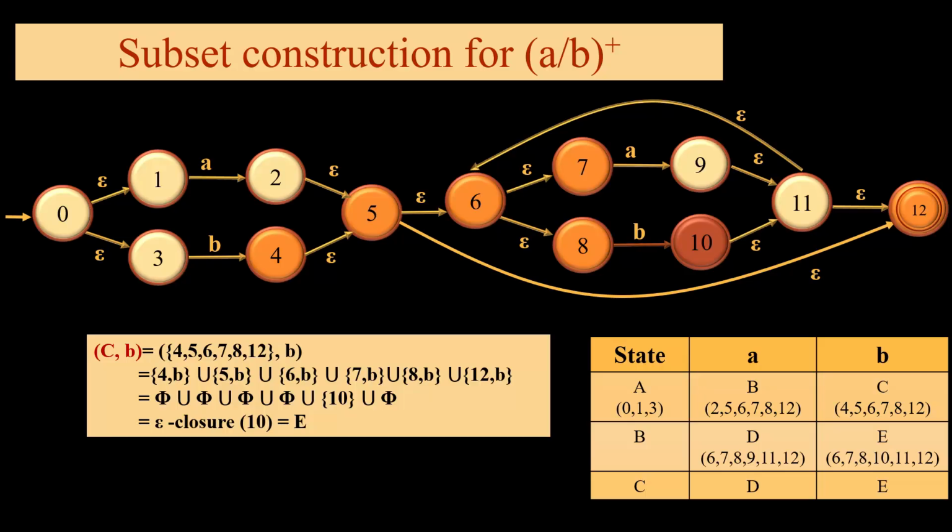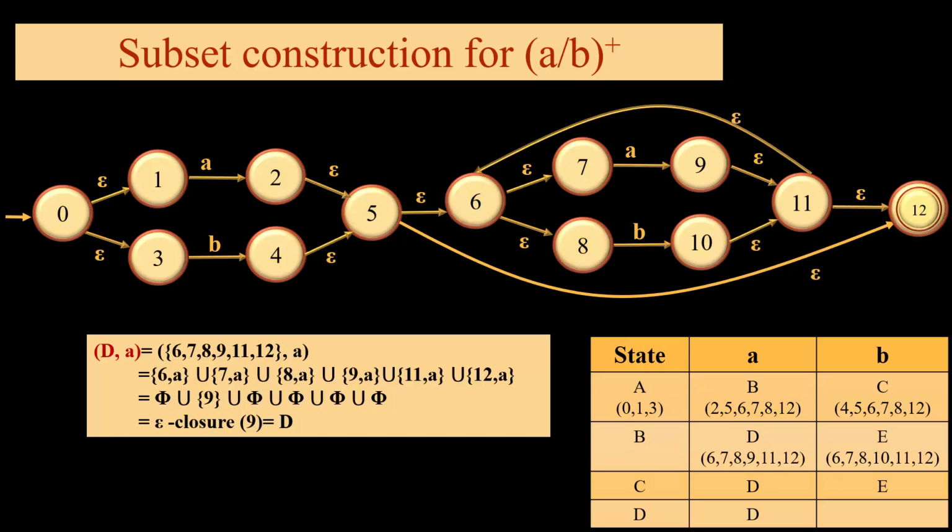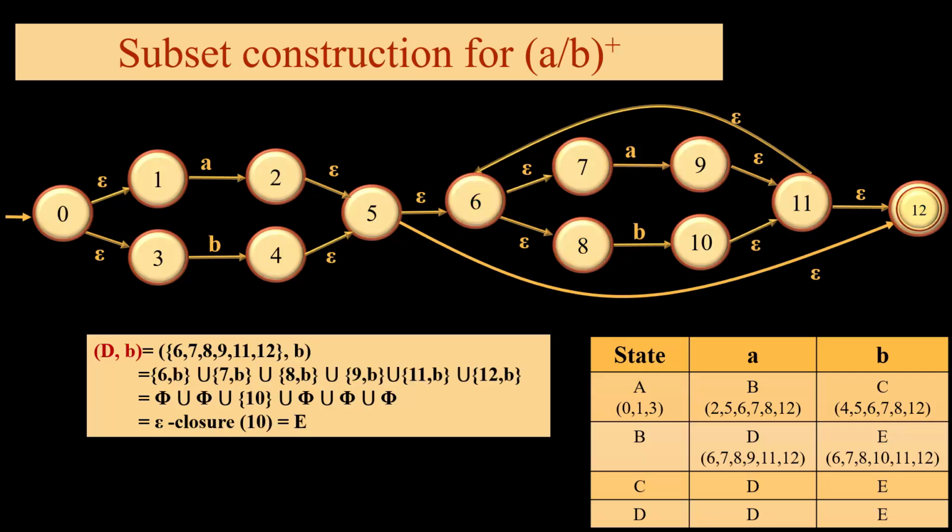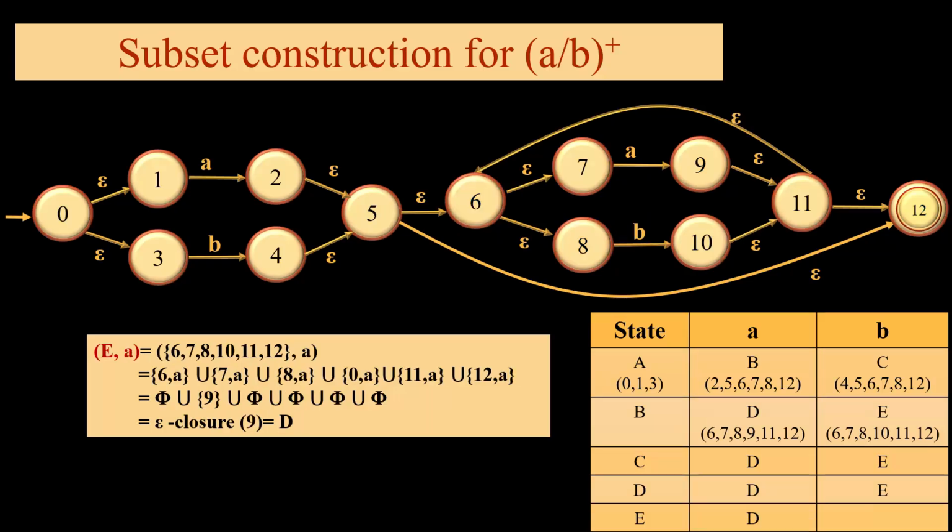So epsilon-closure of 10, which is already defined, that is E. Now we move to D comma A. 6, 7, 7 on A gives us 9, 8, 12. Again we get epsilon-closure of 9, that is D. D comma B, this gives us 8 on B is 10, that is all. So we have epsilon-closure of 10, that is E.